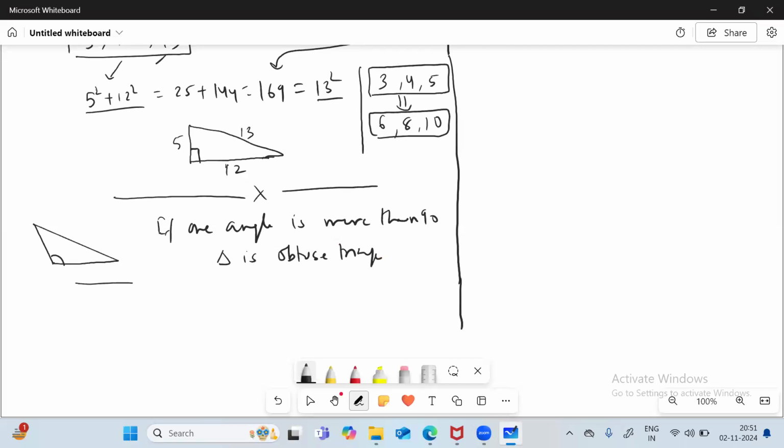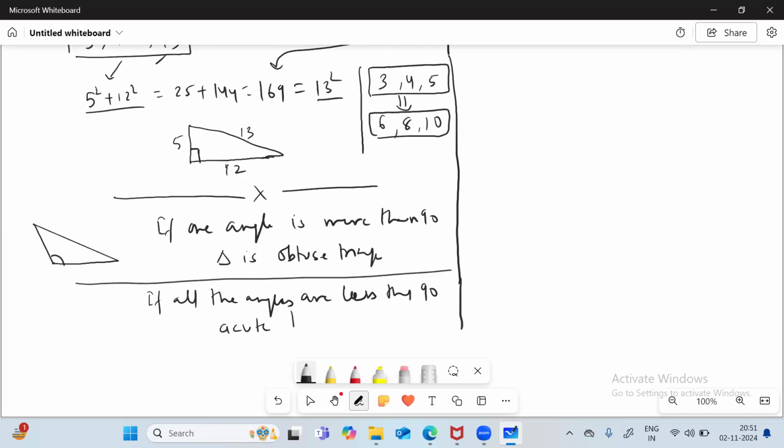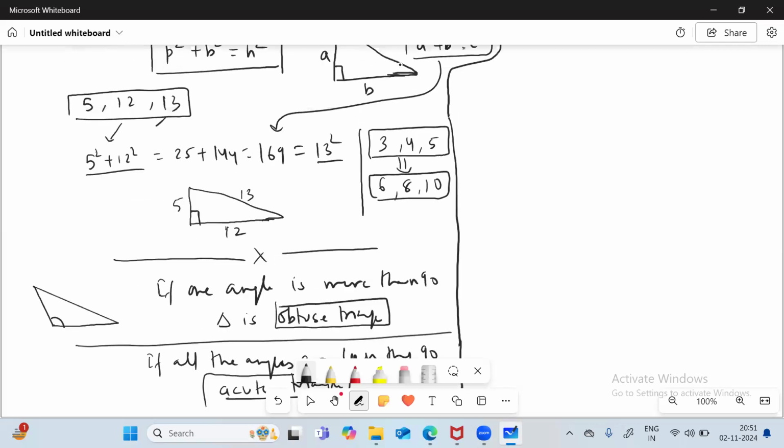And if all the angles are less than 90, this triangle will be called an acute triangle. So you have to remember when a triangle is obtuse and when it is acute. And I believe you all now know what a right angle triangle is.